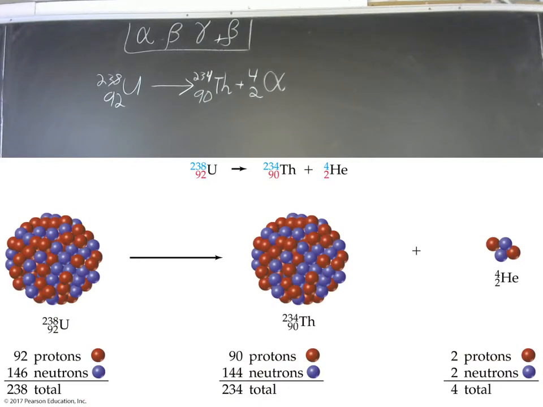You see the uranium-238 on the left, and then it releases the alpha particle, which is really just a helium nucleus, and we're left with thorium-234. So we were able to determine that thorium just by comparing to what was lost from the uranium and consulting a periodic table.